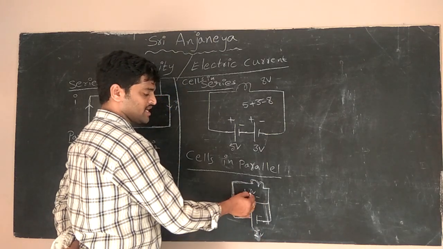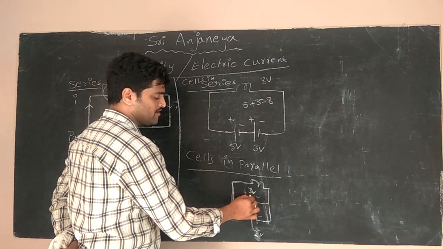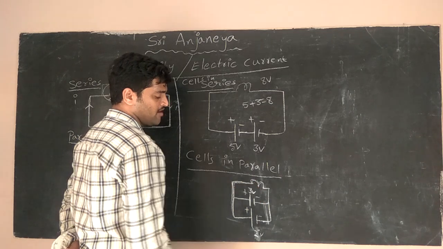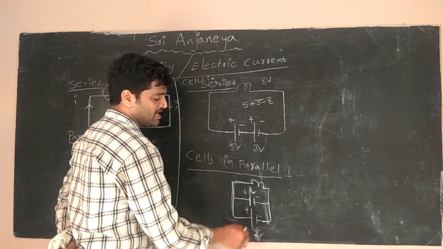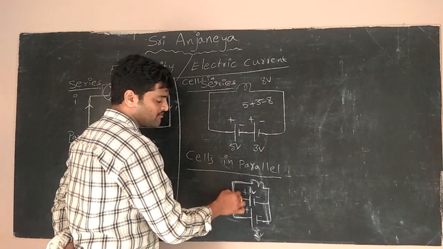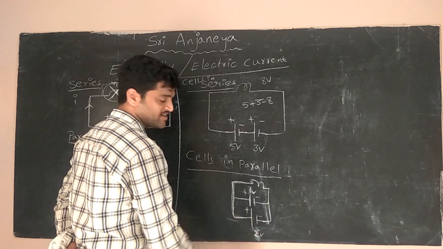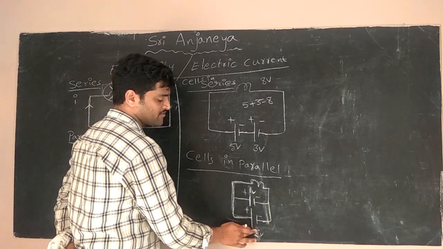Then the bulb uses this 3 volts power from this cell. After some time, this 3 volts should be dropped to 1 volt. Then the bulb again uses the energy from this cell which is having 2 volts. These 2 volts can be used.